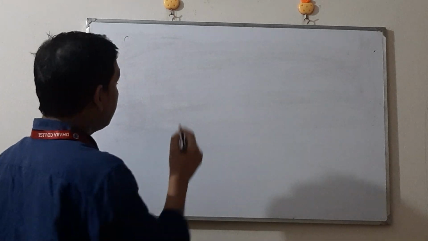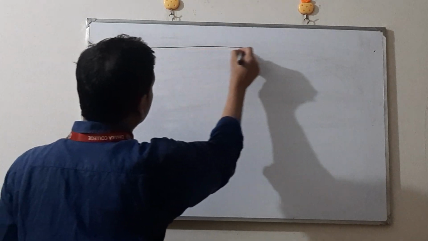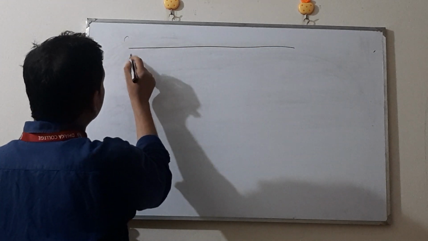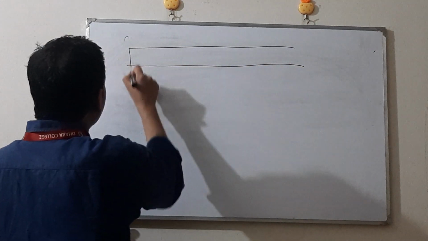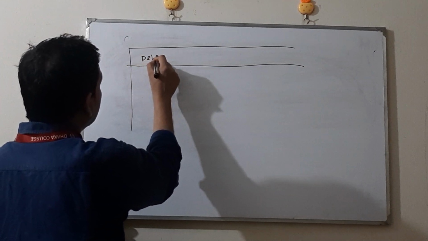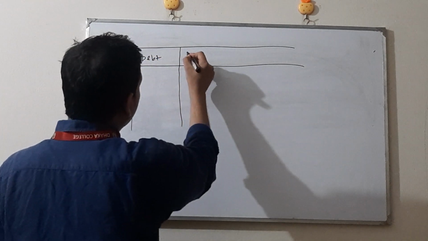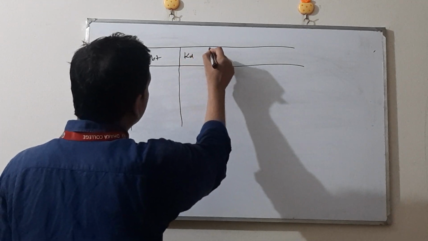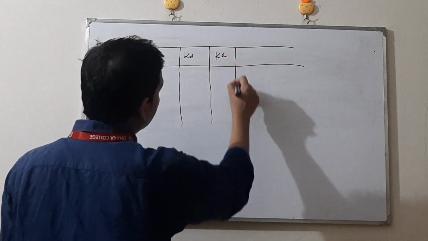Here some data are given: first debt, second KD, third K, cost of equity.